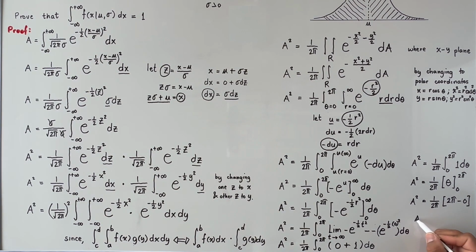And multiplying this 2 pi by 1 over 2 pi, the answer is 1. Taking the square root of both sides, the area is equal to 1. And that shows that the area under the normal distribution curve is equal to 1 all the time.